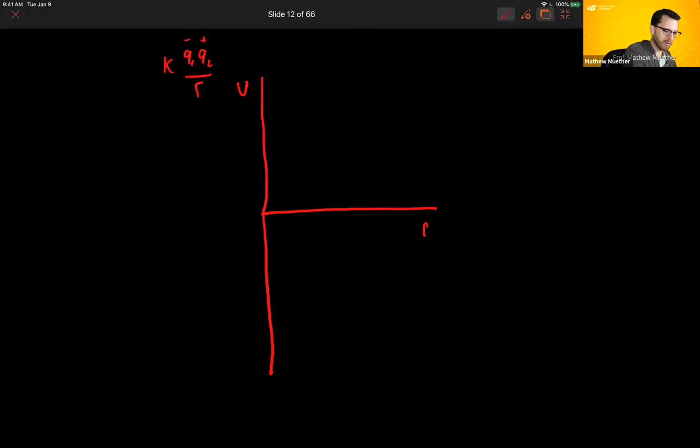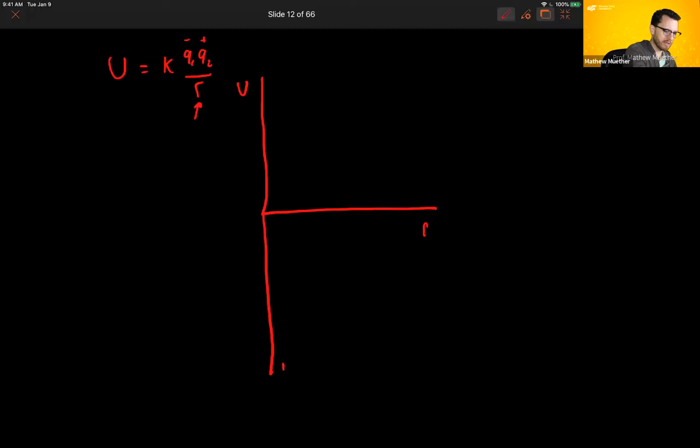If I have K, Q1, Q2 over R, one of them's negative, one of them's positive, and I plot that potential energy as a function of R, well, it's going to be negative. When R gets really small, that means the potential energy gets really negative.